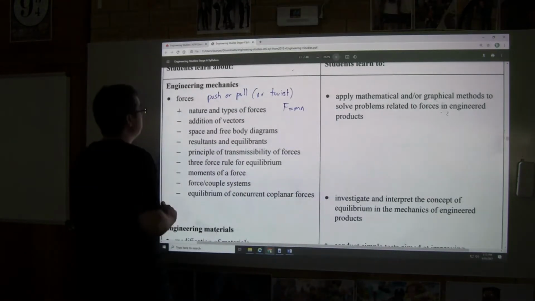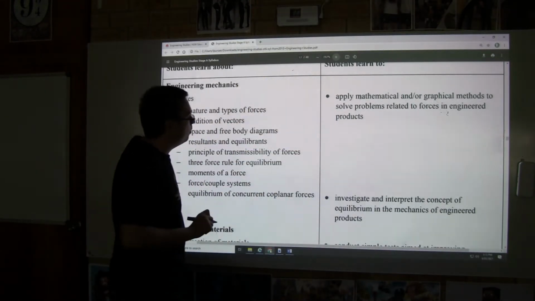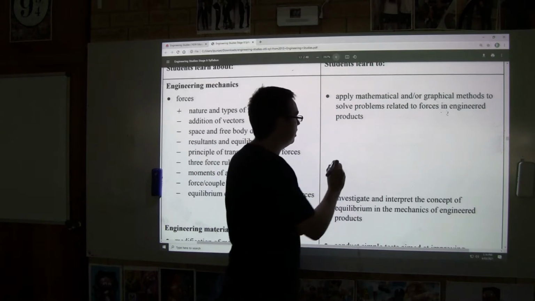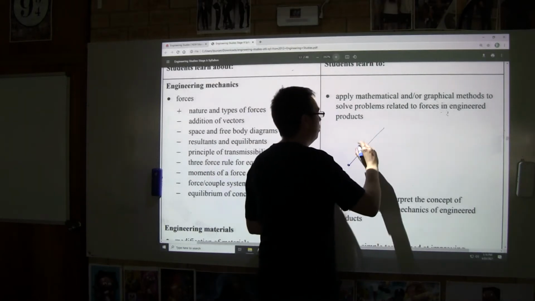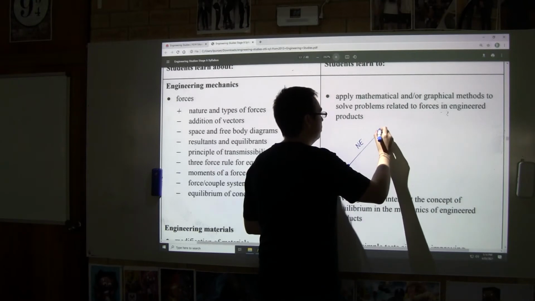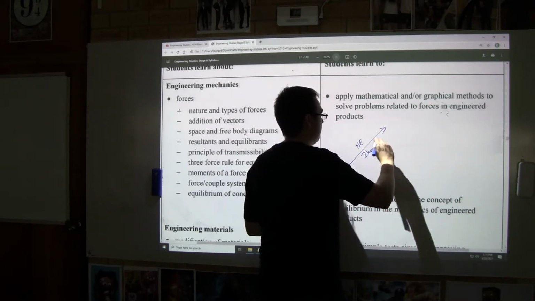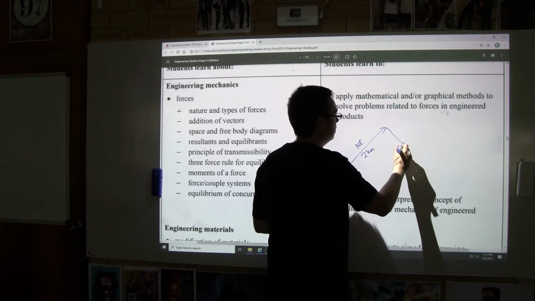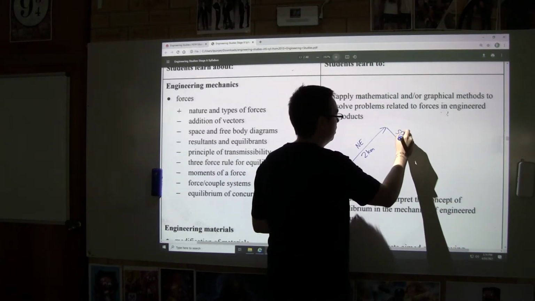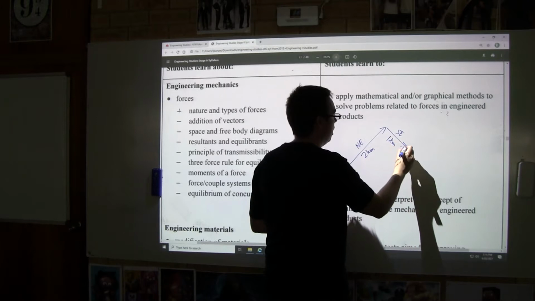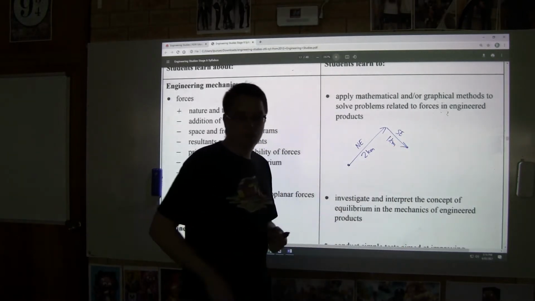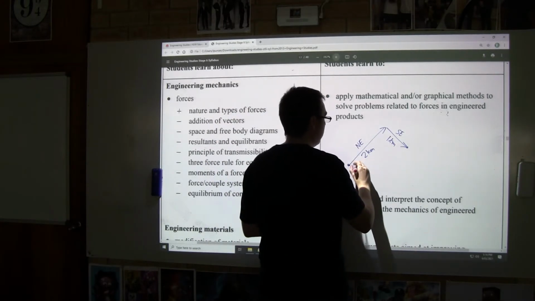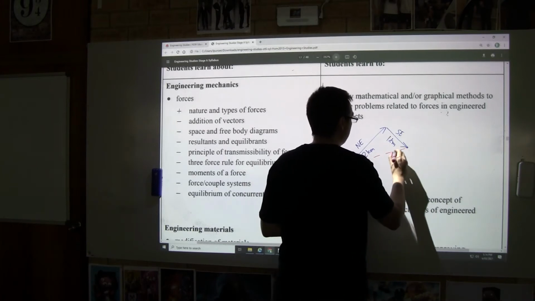The next one is the addition of vectors. So the simple way of saying this is that if I was talking about someone hiking, and I said that they hiked northeast for 2 kilometers, and then they hiked southeast for 1 kilometer, the resultant of that, if I add those two together, is saying, well, how far is the hiker from where they started?